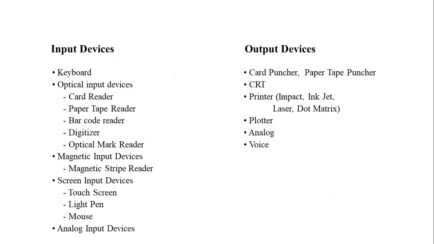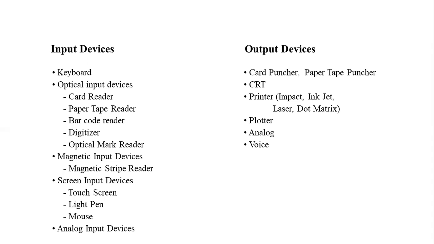As far as the devices are concerned, there are two main types: input devices and output devices. From the list, you can understand why we call these input devices and why we call these output devices. I feel it will be very easy to understand all the devices.